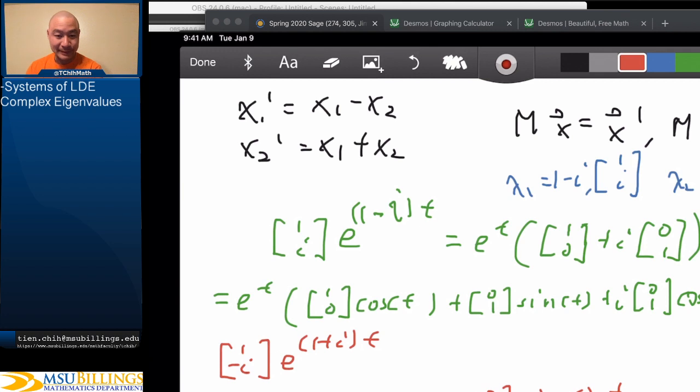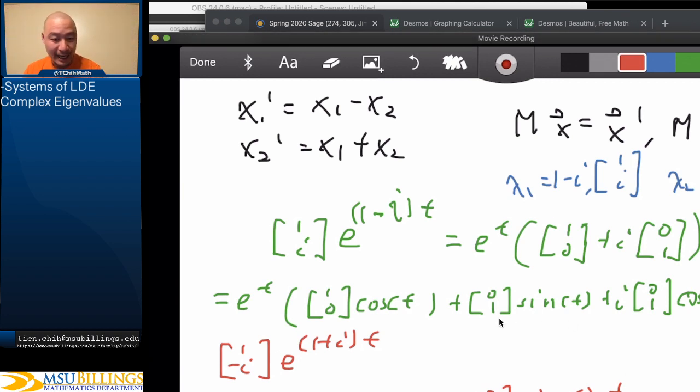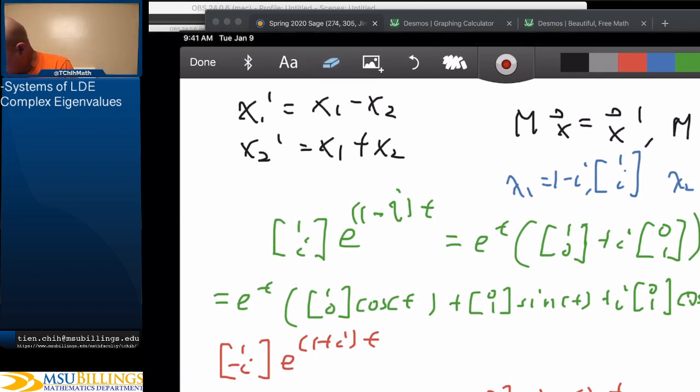And in between those, I have the minus i stuck to the positive cosine, so minus i, 0, 1 cosine of t.